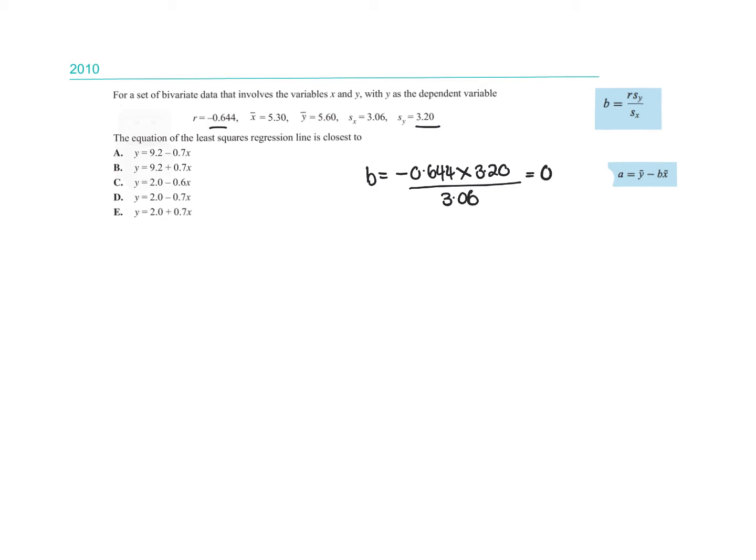So we get an answer of 0.7. And if we look down, unfortunately all of them have that. So now we're going to find the A value, where we'll do the mean of Y, which they gave me here, minus the B value, which is 0.7 times the mean of X, which is there, and we end up with a value of 9.2. So we'll end up with the answer of A.